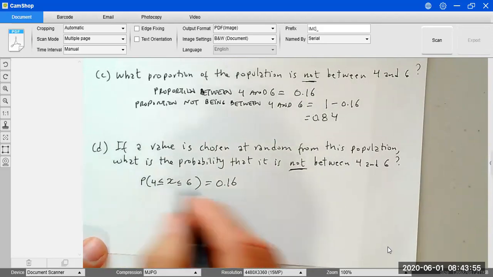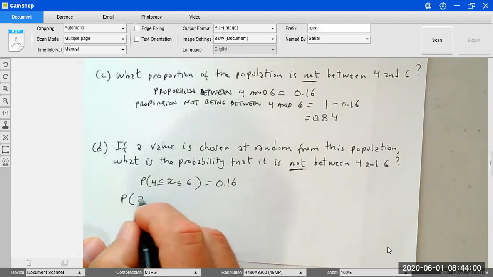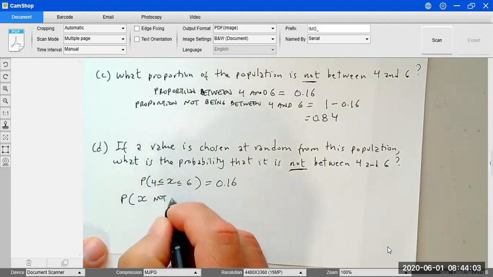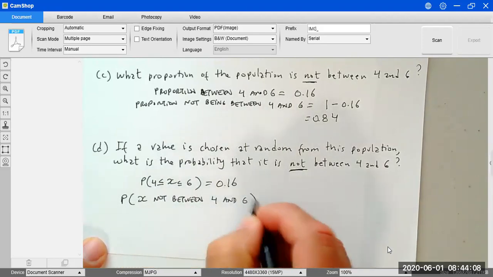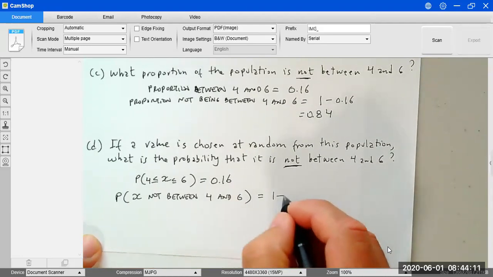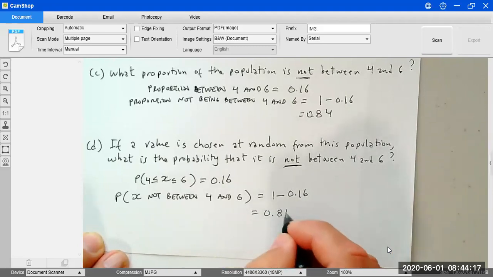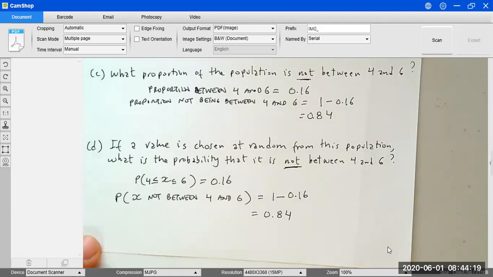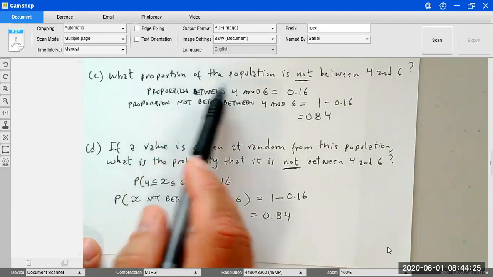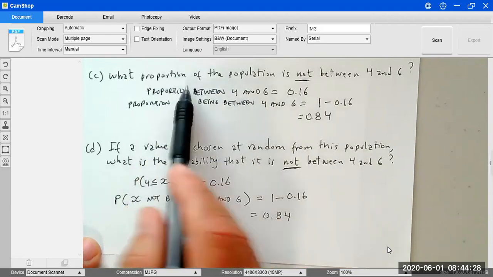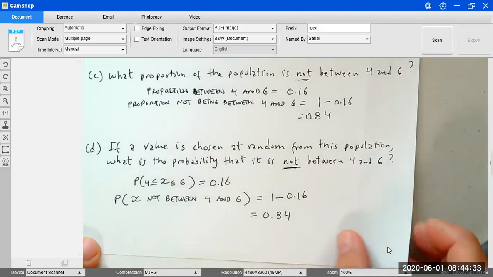So the complement of this, the probability of x not between 4 and 6, is going to be 1 minus 0.16 again. So it's going to be 0.84. So those are the interpretations. Either you are talking about proportions of individuals being in a certain interval, or the probability that one individual is going to be within that interval.